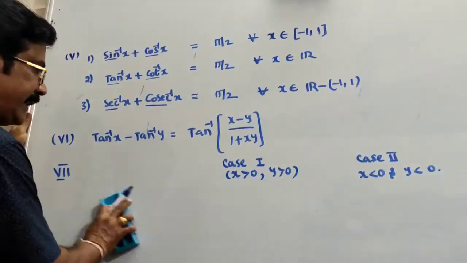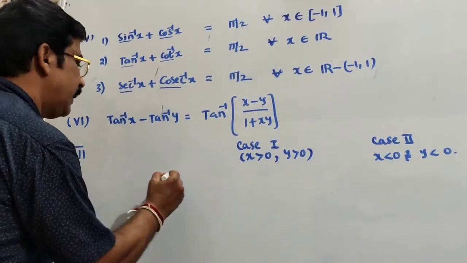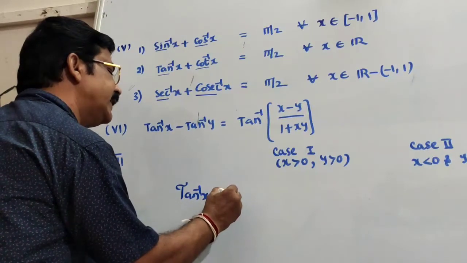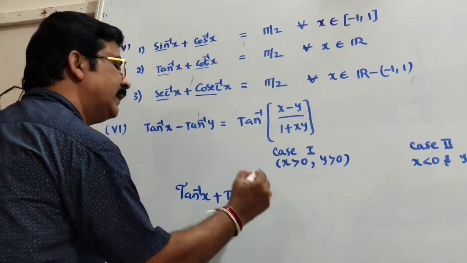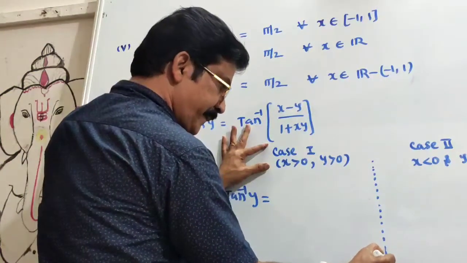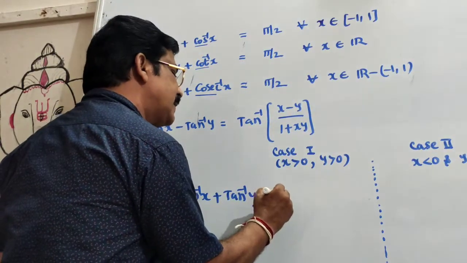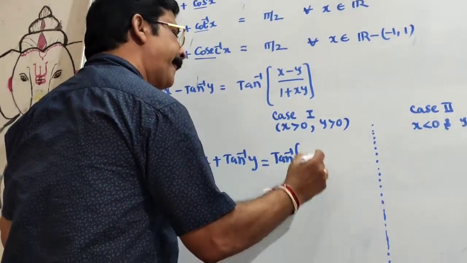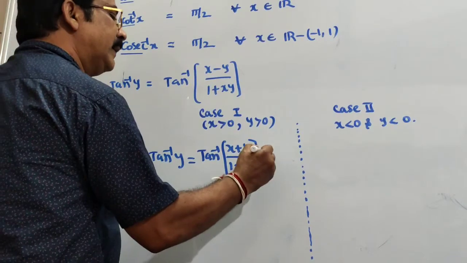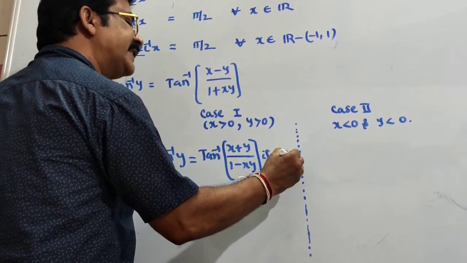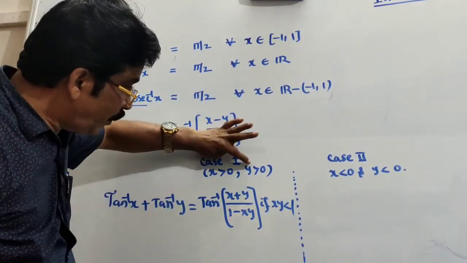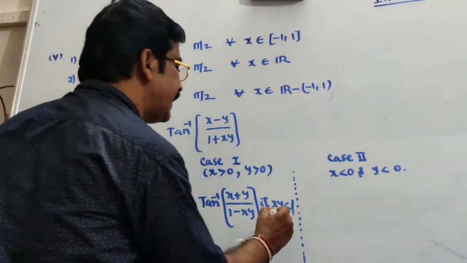It is a very important formula, tan inverse x plus tan inverse y equal to, in this case, tan inverse of x plus y divided by 1 minus xy if xy is less than 1. Means what? You read as x positive, y positive and xy less than 1.